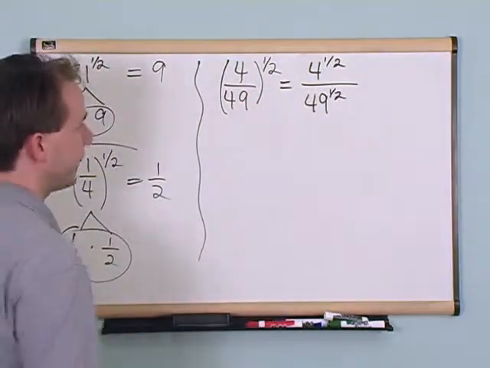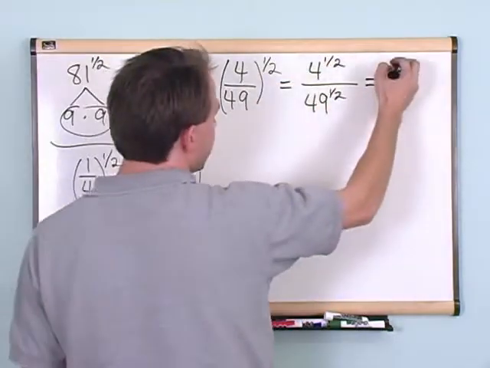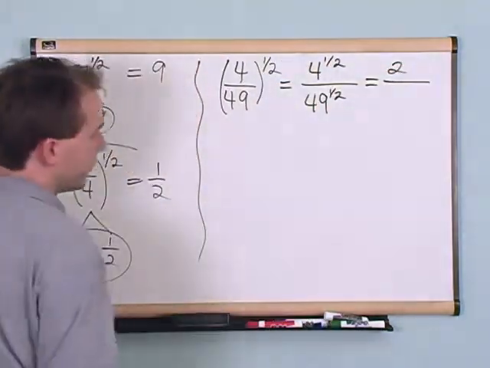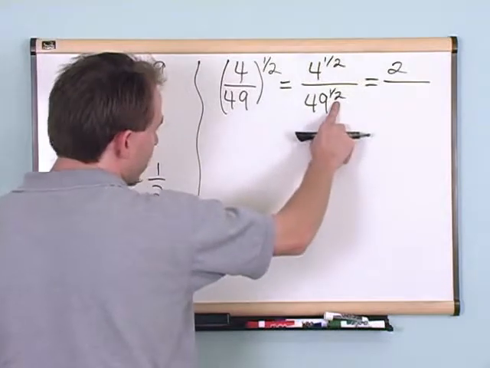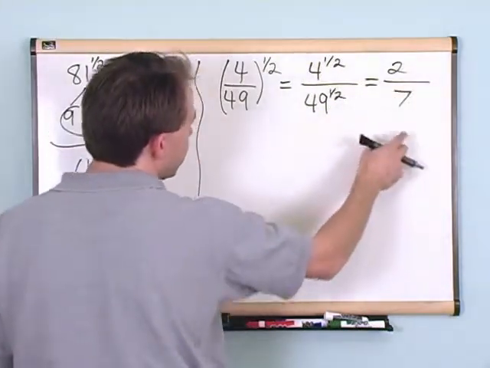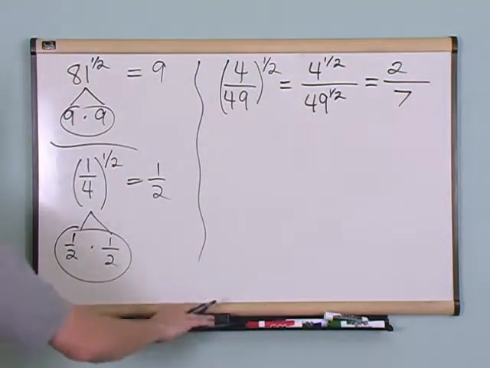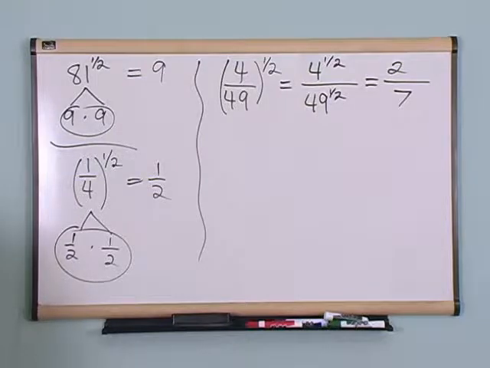That's exactly the same thing. On the top, we have the square root of 4, which is just a 2, and by now we've done that so many times. On the bottom, we have the square root, written in this funky manner, of 49, which is 7, because 7 times 7 gives me 49. And that's the answer.